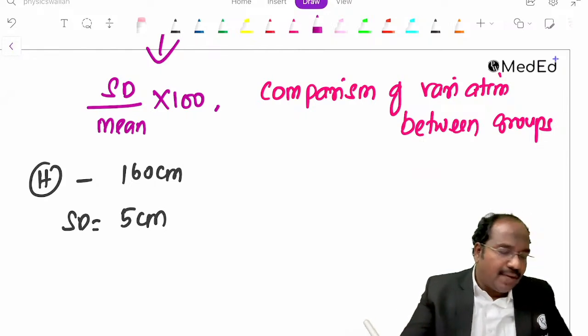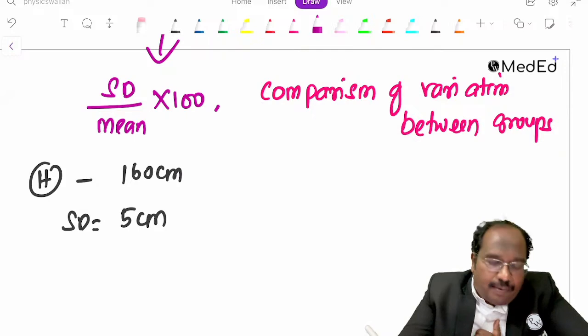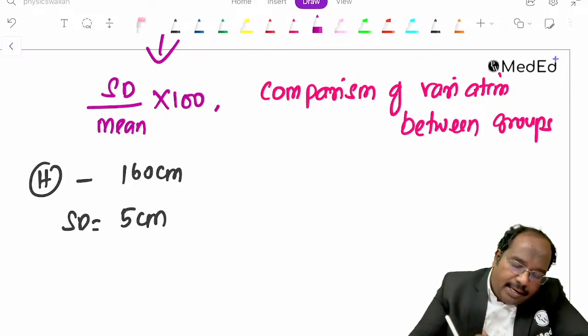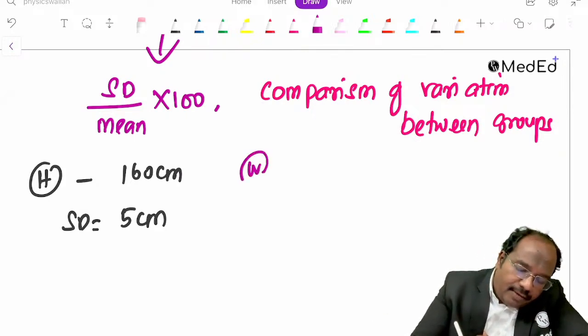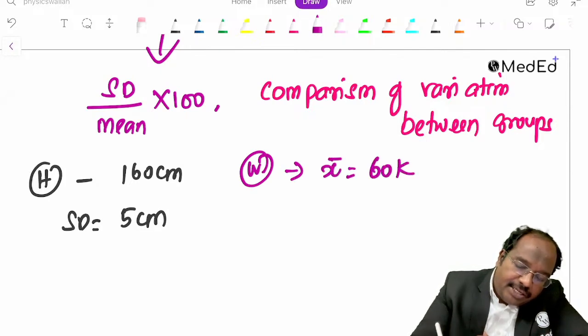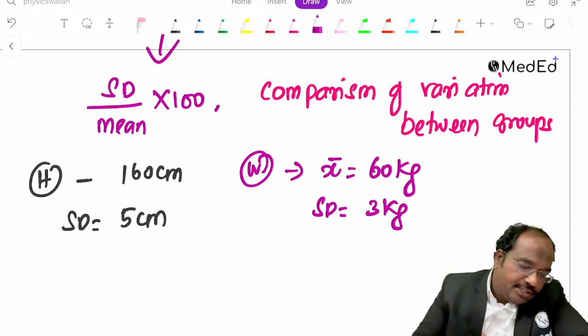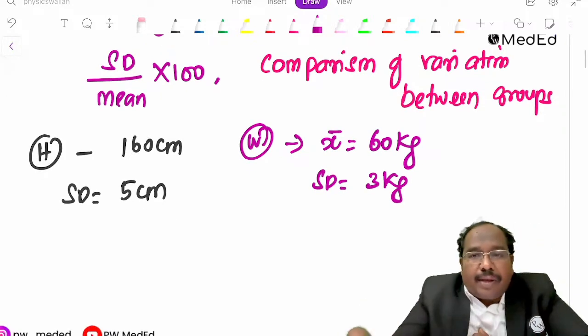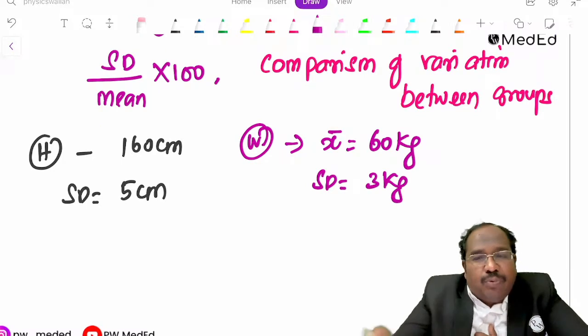Do you want thick pens, highlighters? The notes we will pass on, guys. And we will take weight. The mean weight is 60 kg and standard deviation is 3 kg. Now, can you tell me in which one there is more variation?